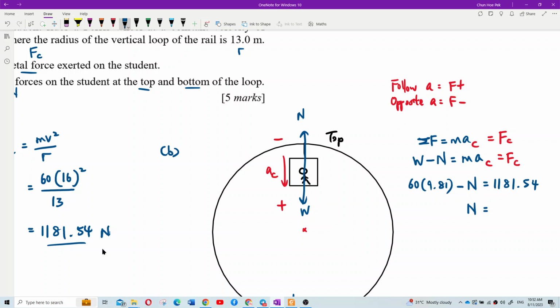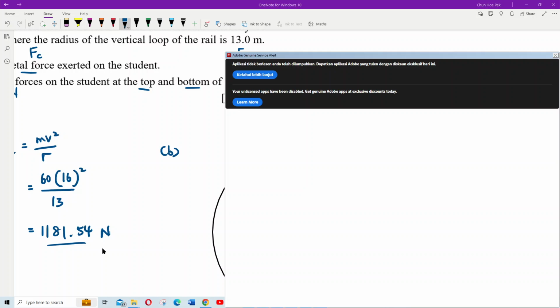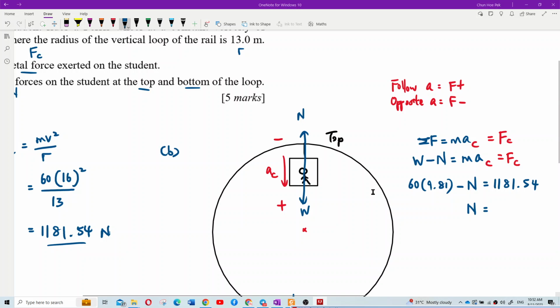It is 1181.54 minus 60 times 9.81. Let me see. This one, 60 multiplied by 9.81, minus 1181.54. Okay, the answer is the normal force.